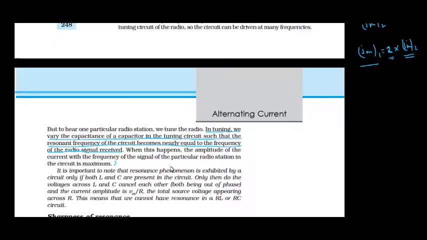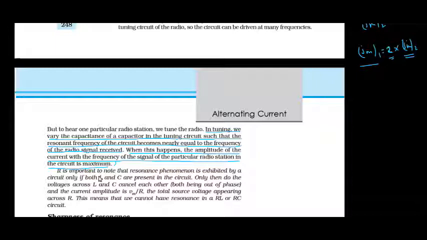When this happens, the amplitude of the current with the frequency of the signal of a particular radio station in the circuit is maximum. In this way, you can hear that station. Now, the same thing happens in TV also.